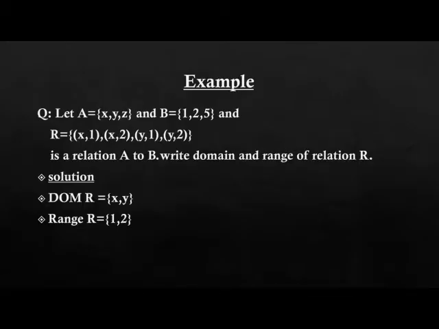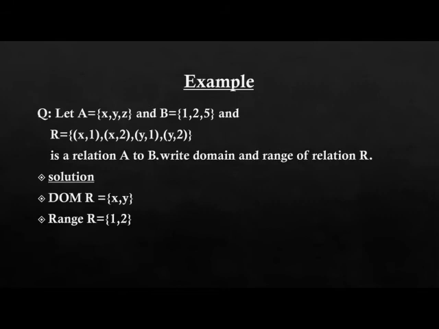Here is another example, which is A equals XYZ and B equals 1 to 5. So what do you have? You have a relation which is given over here, which is (X,1), (X,2), (Y,1) and (Y,2). So this is the relation A to B. What do you have to find? You have to find the domain and range of the relation R. So the relation has the first component of all the ordered pairs as X, X and Y, Y. So you can write X and Y over here.